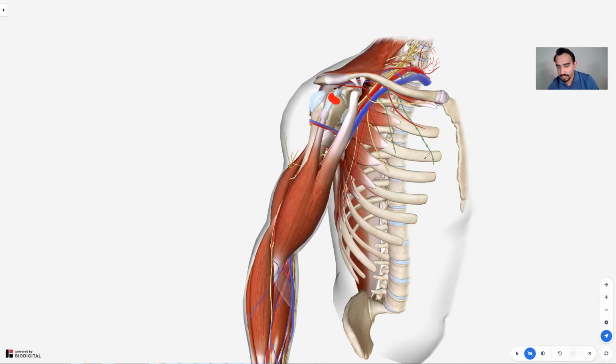When I completely break your long head of biceps at this level and ask you to hold some resistance in your hand and flex, the long head will slide down and bunch up in the distal part of the arm, giving you that Popeye appearance. That is one thing you should remember.